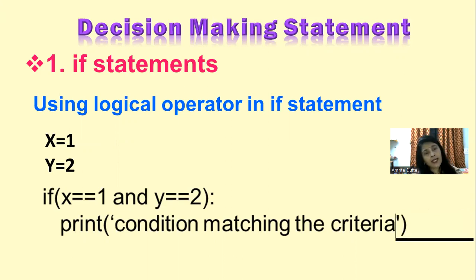In this case, if both the conditions are satisfied with the help of logical operator AND, then the body of if, that is condition matching the criteria, will be executed. So I hope this idea is clear about the if statement, because this is a very important aspect, the decision making statement, how to use it, where to use it, it's very important.